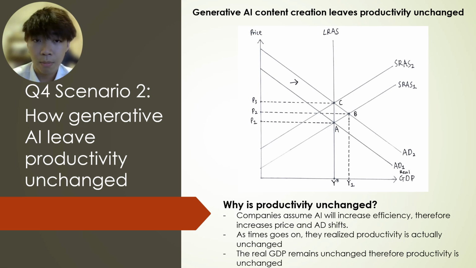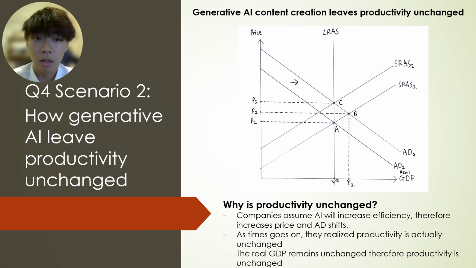At point B, price increases from P1 to P2 because businesses expect to produce more due to the Gen AI. However, they are not actually producing more than they were before. So as time goes on, businesses start to realize that Gen AI does not boost productivity because often there are complex issues that it cannot deal with and still needs human resources to step in.